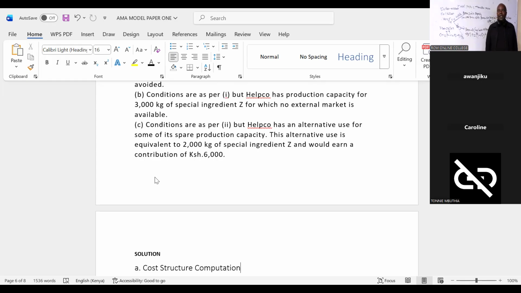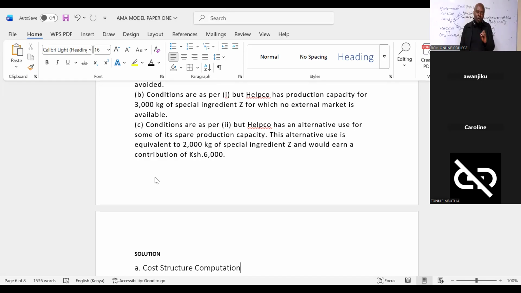This Z, we have got some 2,000 units of Z which we have an alternative use for, and this alternative use will give us 6,000. So should our sister department want us to stop using this Z for the alternative use, they must be willing to compensate us.